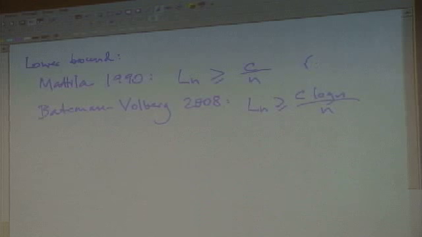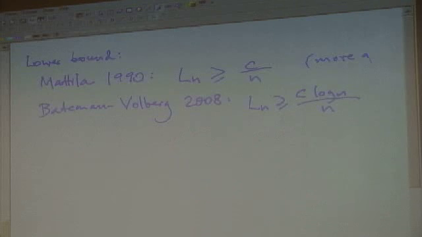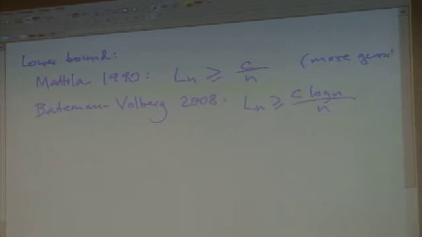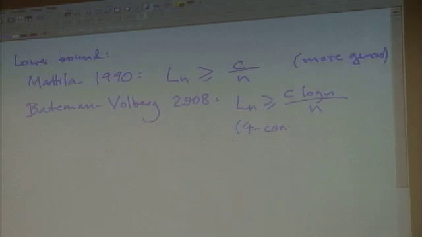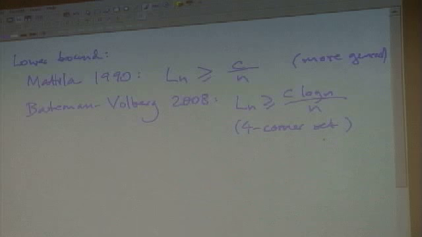This here was more general. And this is for the four-corner set specifically. Though actually there is a generalization that's possible, and I'm going to mention that in a moment.